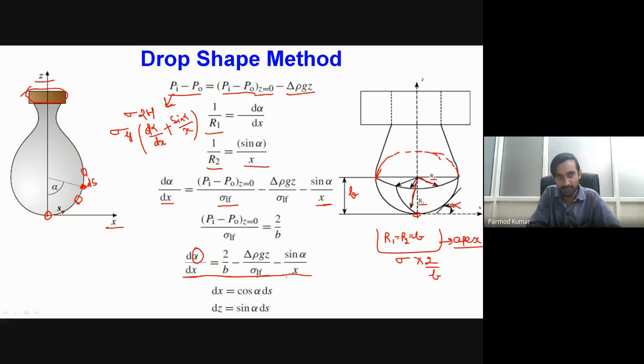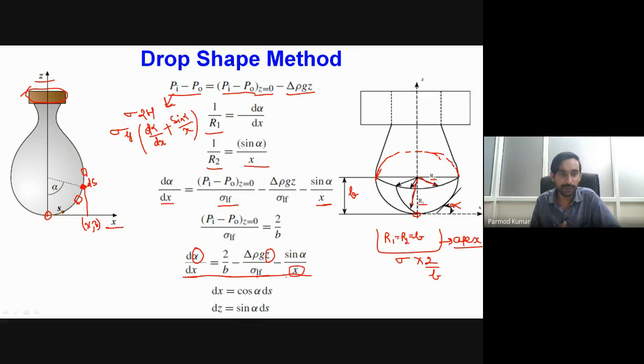For example, if I consider my coordinates as x, z, at another point it may be x1, z1, and at another location x2, z2. So in this single equation we have three variables: alpha, z, and x. We cannot find all three variables from a single equation, so we now require two more additional equations.